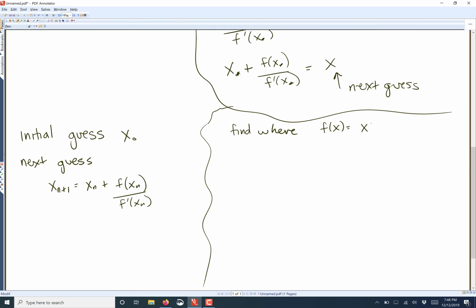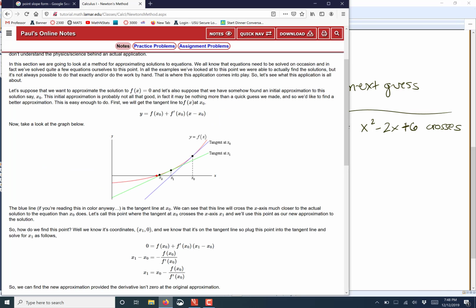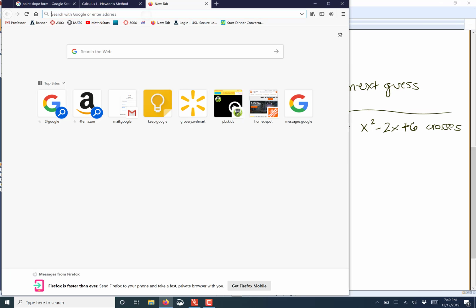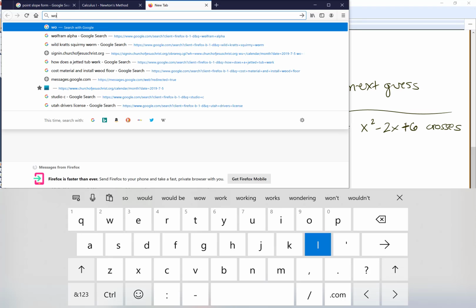Let's do where f of x equals x squared minus 2x plus 6 crosses the x-axis. So I'd start by graphing it. I like to go to Wolfram Alpha.